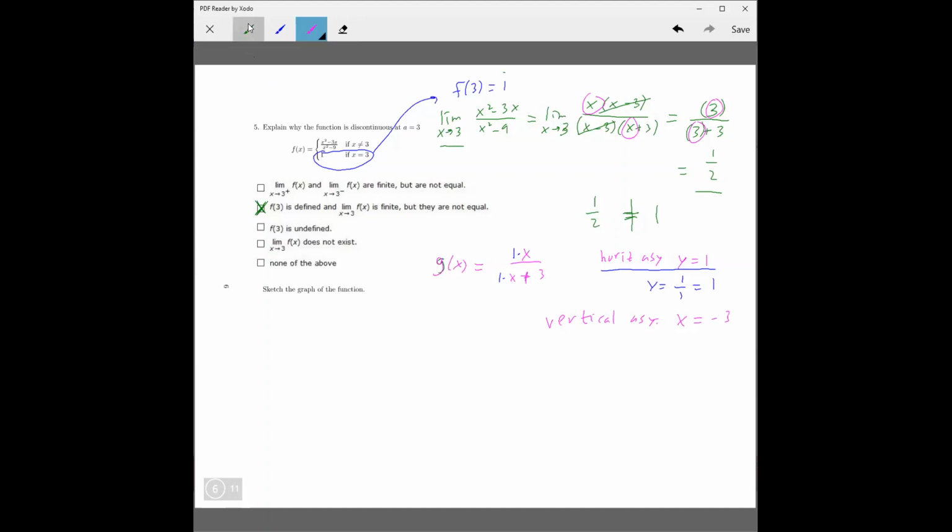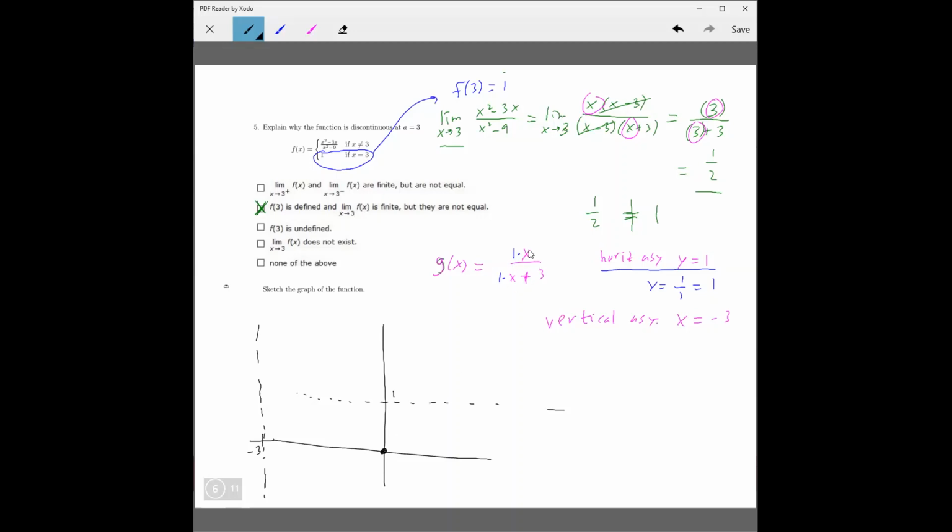So when we go to graph this, at 1 we have this horizontal asymptote, and at -3 we've got a vertical asymptote. When x is 0, we get 0, so it goes through here.